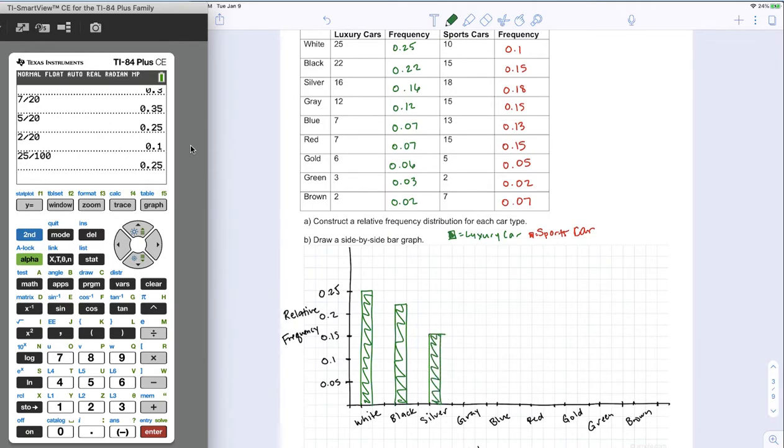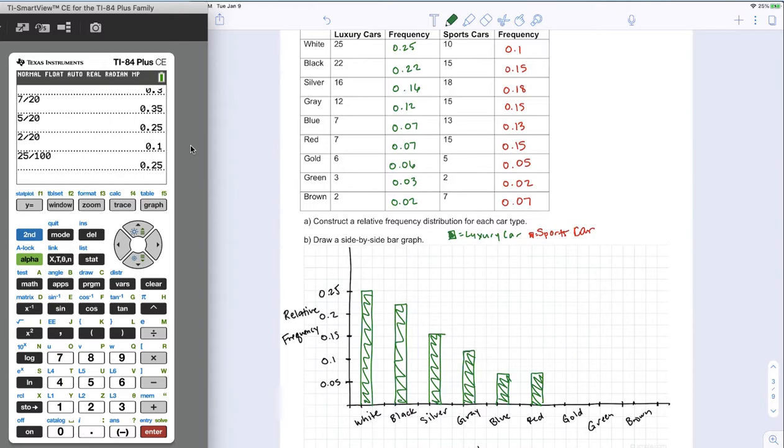Okay, luxury car gray, 0.12. So a little bit above the 0.1. Luxury car blue, 0.07. So it's a little bit higher than the 0.05. Luxury car red should be the same height as the previous one, 0.07.